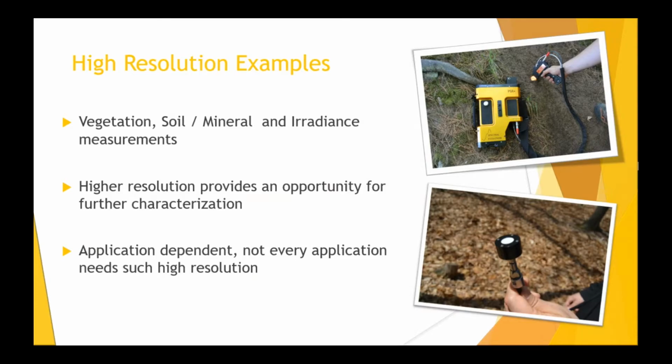One thing to keep in mind is that not all applications or research require such high resolution, and there are times where utilizing an ultra-resolution spectroradiometer isn't always necessary. Depending on your application, it's always good to take this into consideration because you potentially won't provide any additional benefit to your data, but you'll be spending a lot more money.